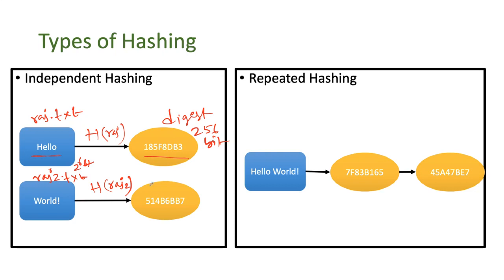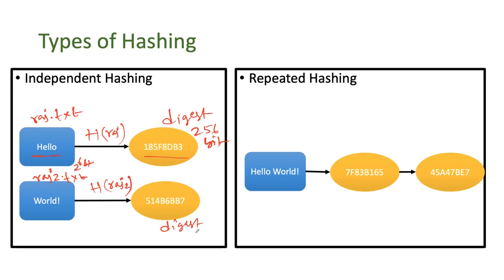This is one way of doing it. If you have n number of messages, in terms of blockchain or cryptocurrency, we say that if you have n number of transactions, every transaction can be independently hashed. This is one option, independent hashing.